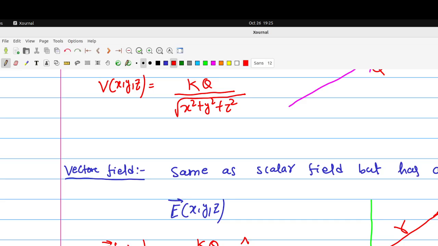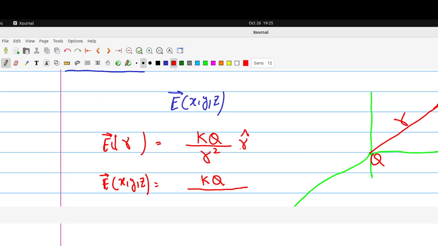So now we can write E in the Cartesian coordinate x, y, z equal to kq by what is r square? x square plus y square plus z square, into r cap. r cap means r vector by r vector magnitude.